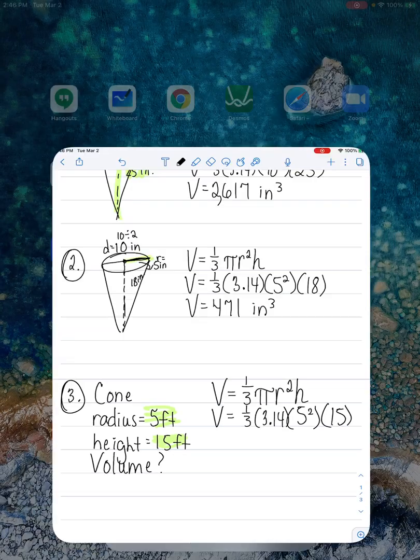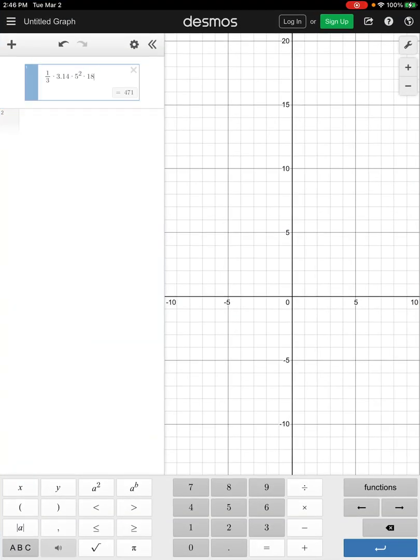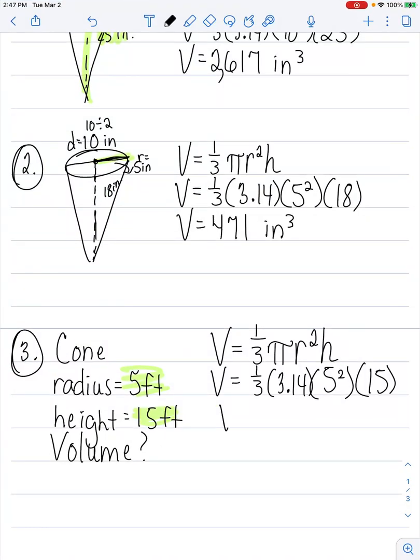I plug that straight into my calculator. So 1 divided by 3, use your arrow key to come out of the fraction, times 3.14, x for times, 5 squared, x for times, 15, and you get 392.5, so I would round that to 393. So this cone can hold 393 cubic feet.